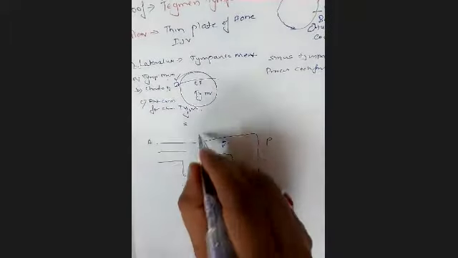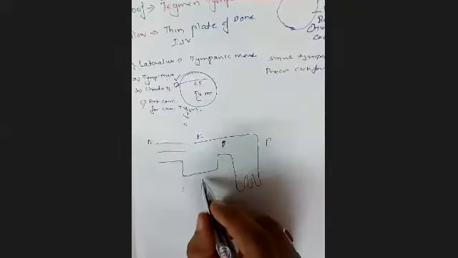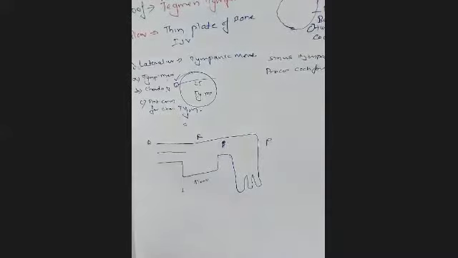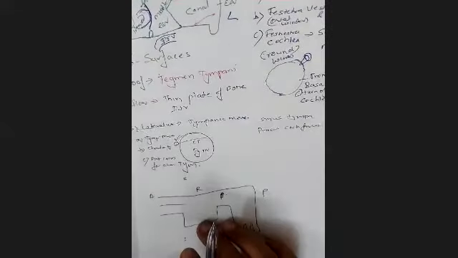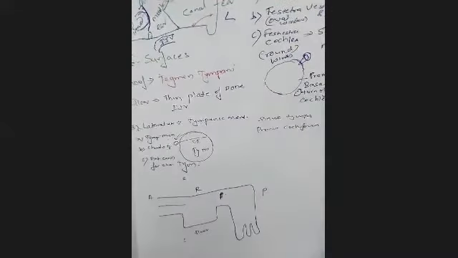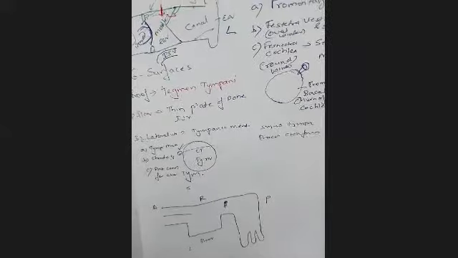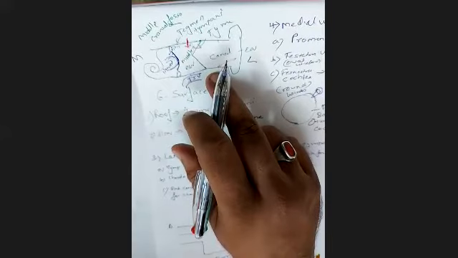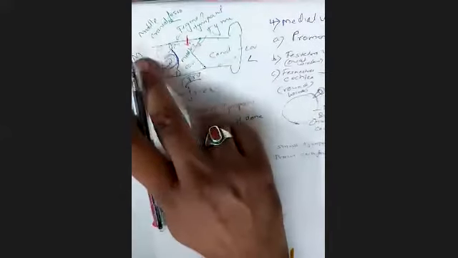Now this is anterior, this is posterior, this is roof formed by tegmen tympani, and this is floor. This diagram is more like a sagittal section. Exactly not sagittal, slightly it will be, but more like a sagittal. And this is more like a coronal section where lateral, medial, superior, inferior.